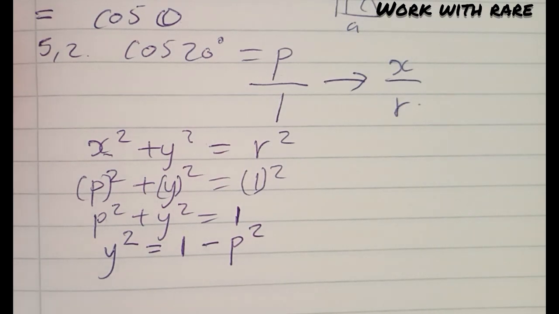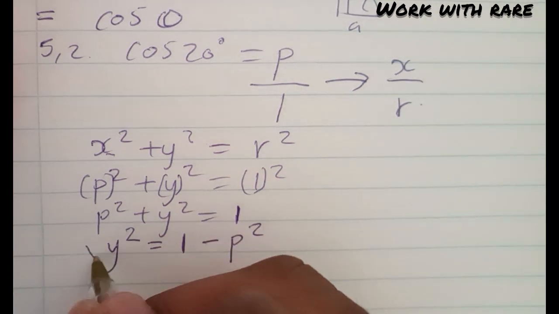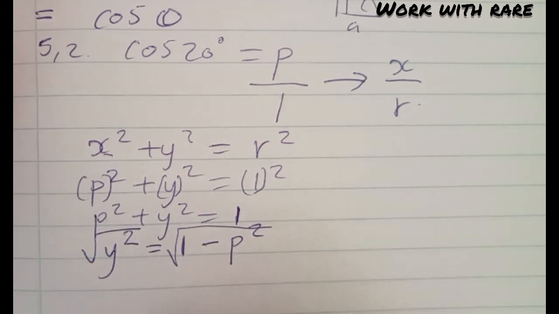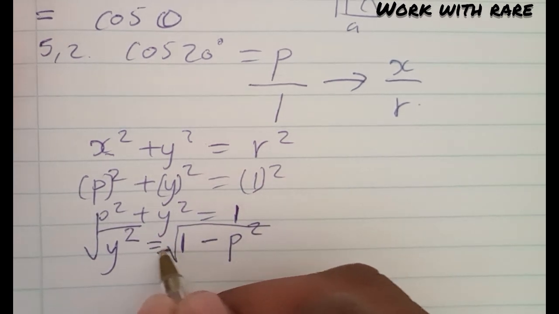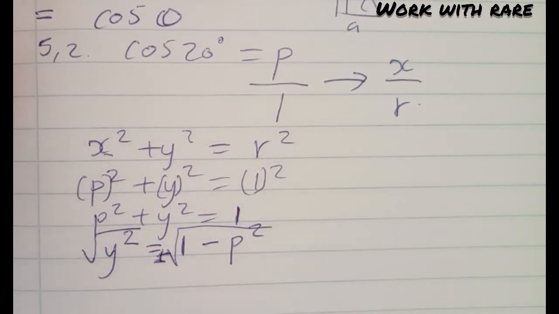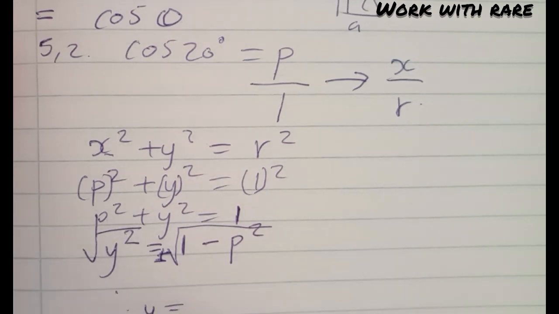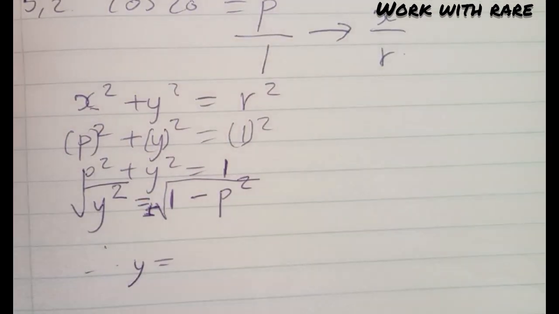But I'm not looking for y squared, I'm looking for the value of y. So I have to square root both sides. So when I square root both sides here, I'll have plus or minus.